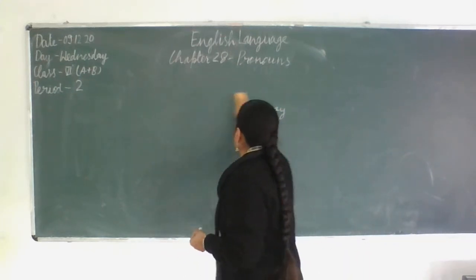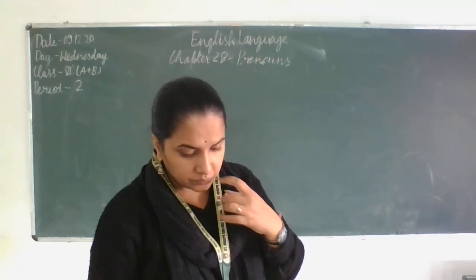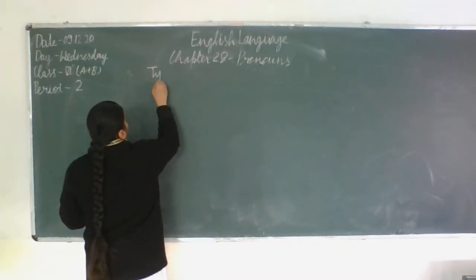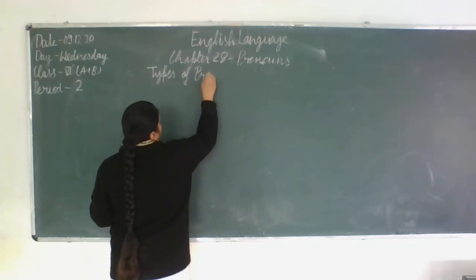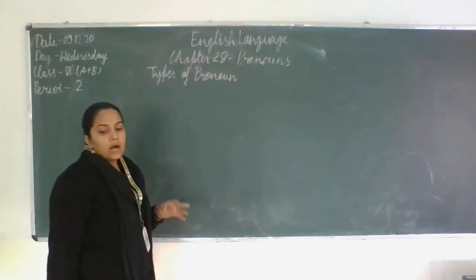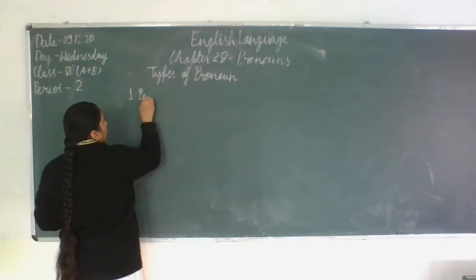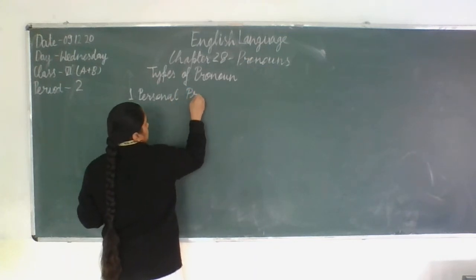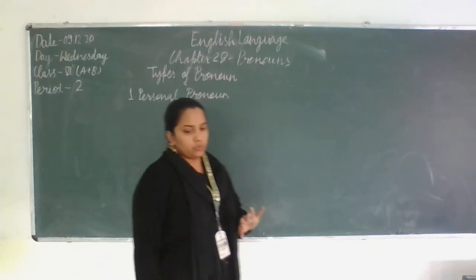Now, today what we are going to discuss is the types of pronoun. In the types of pronoun, first we are going to discuss the personal pronoun. The first type of pronoun is the personal pronoun.